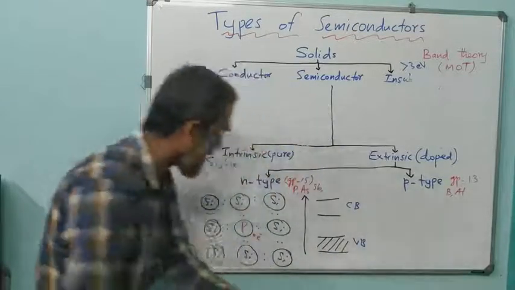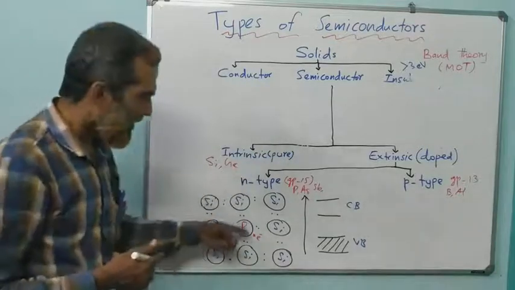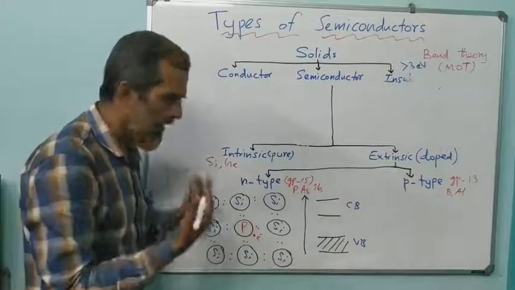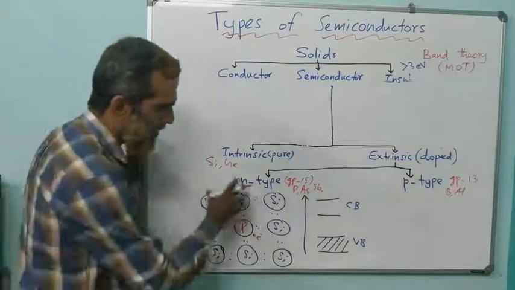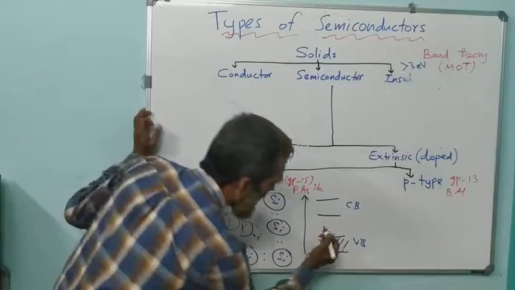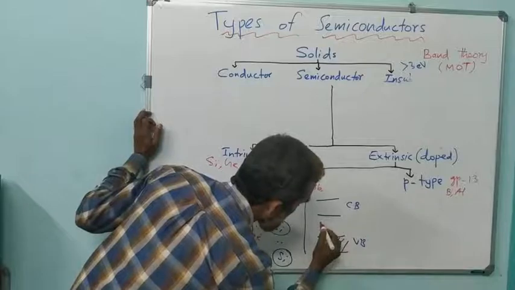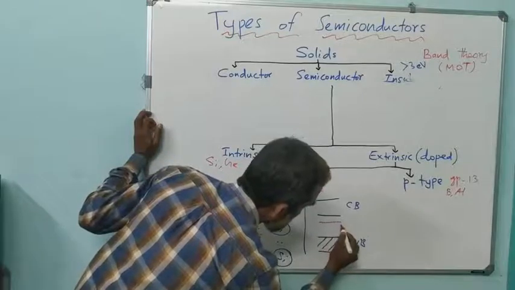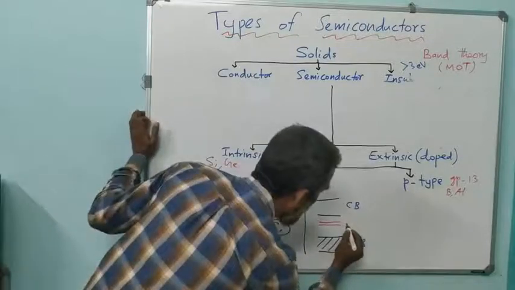What happens when you add a group 15 impurity is that a good amount of free electrons are present in the lattice, and these electrons will make up a new band that is called a donor band, or a new donor level.